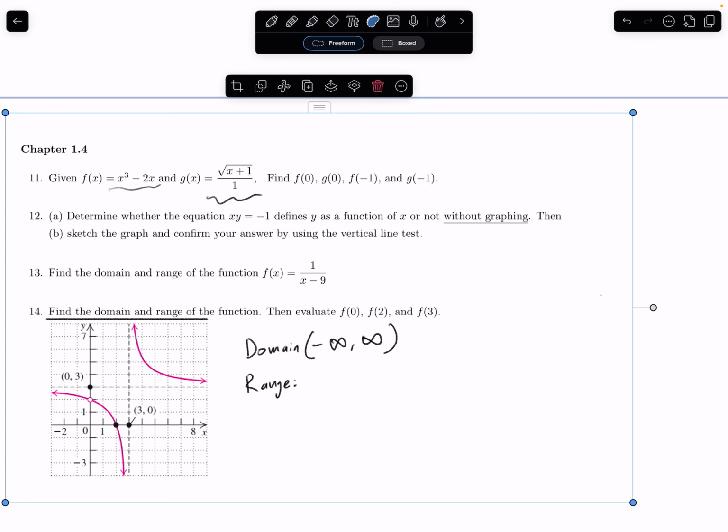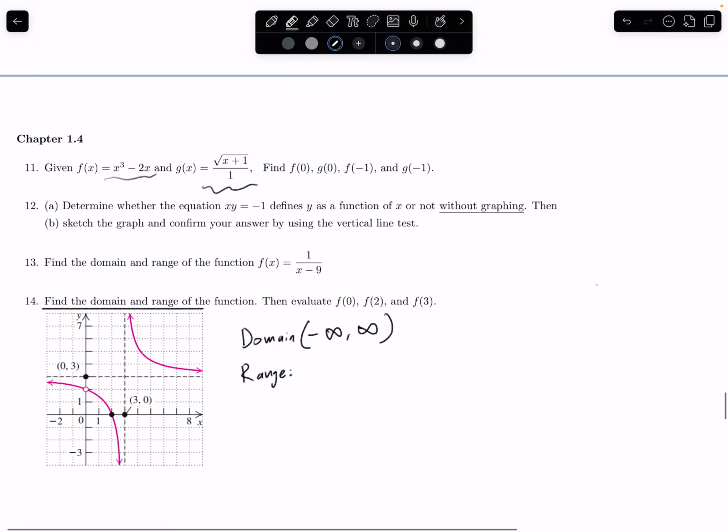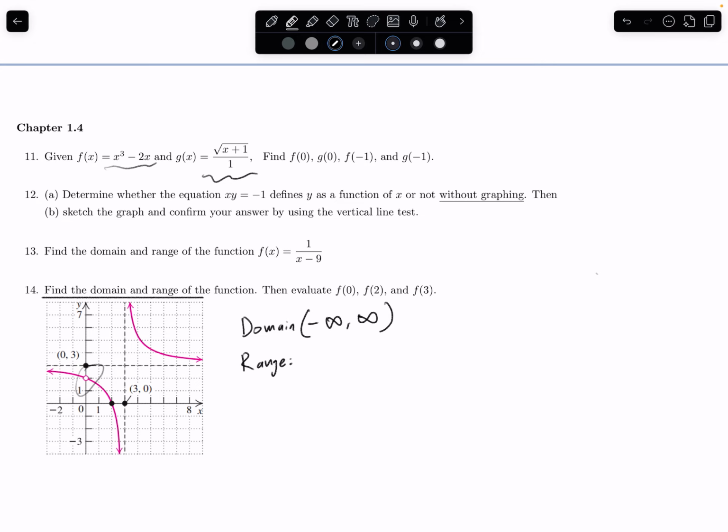The only issue was that little hole when y was equal to 2. So basically the range is everything except for 2. I'm going to stop at 2, exclude it, and then continue onwards. That's it for domain and range.